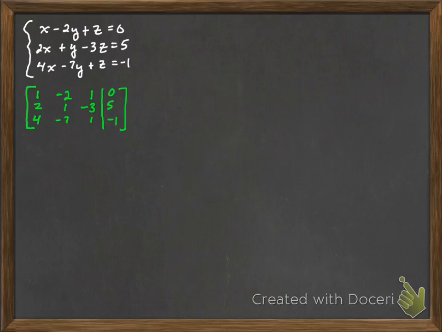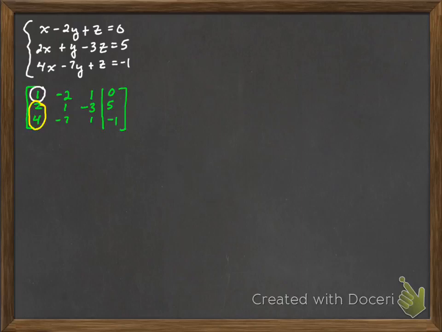So remember that our first goal is to have a positive 1 in this spot, the top left corner. We have that, so therefore we're okay. We don't have to do anything else to get that 1. Your next step is we need to get zeros underneath that 1.